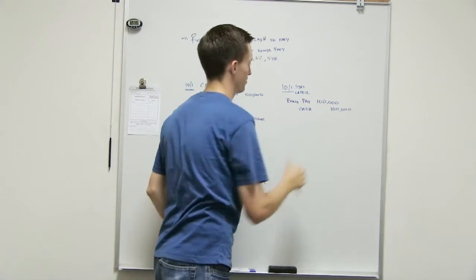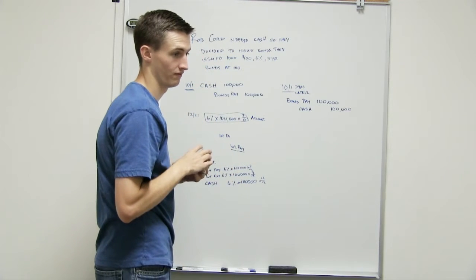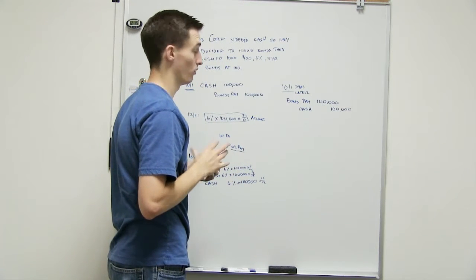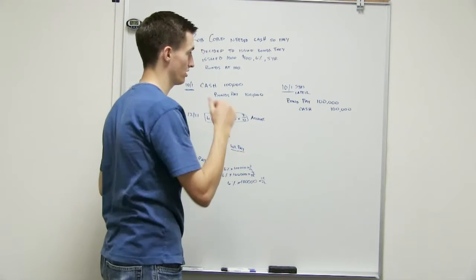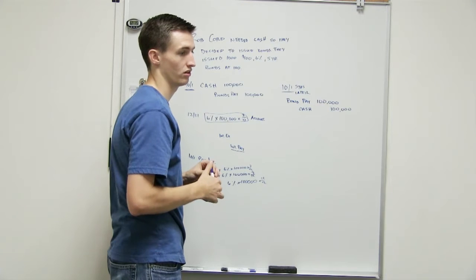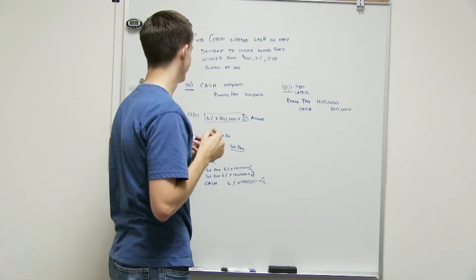That's all we do normally. But if they say you have one more interest payment and you're paying it back, just do it like you would a note. Just put the extra expense in with it, add it to the cash, and you're good to go. Gotcha.